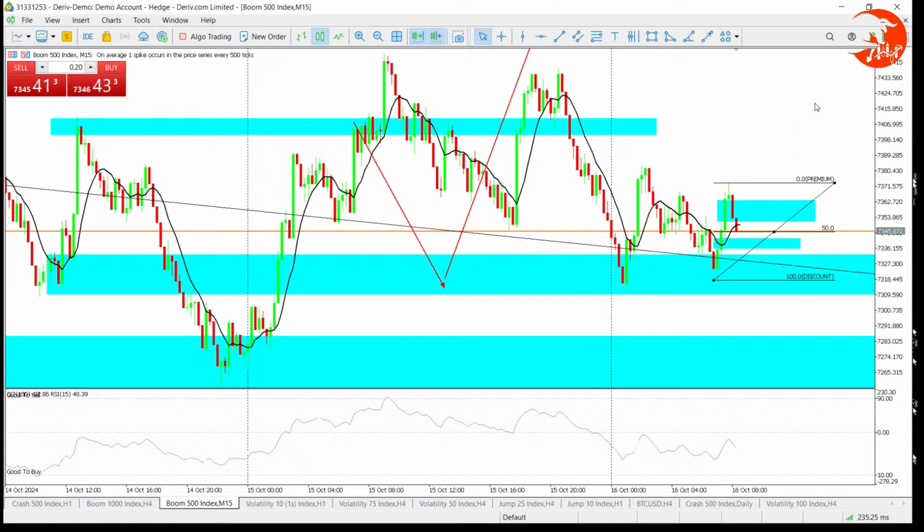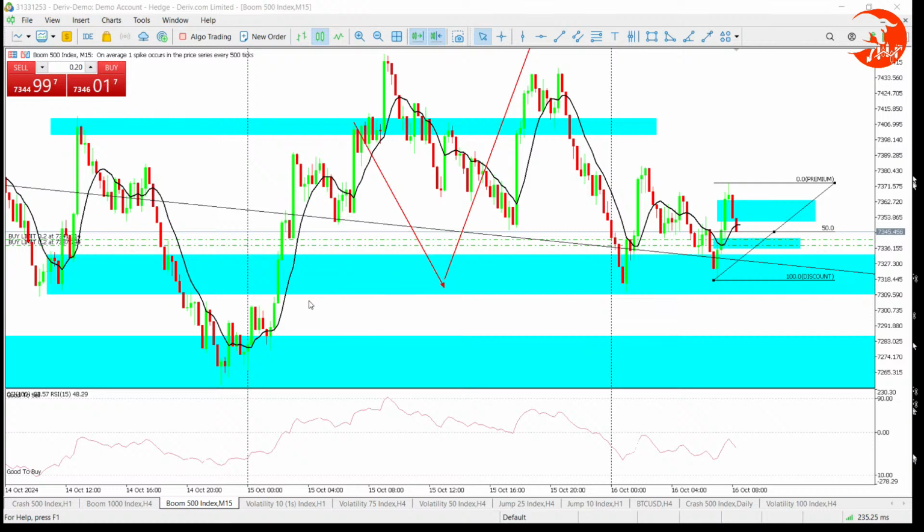I can put my two buy limits there, one here and one there. So if it comes, it will activate any of these, and I'll put my stop loss just below here at 77318.